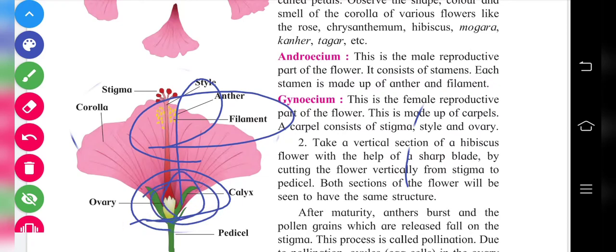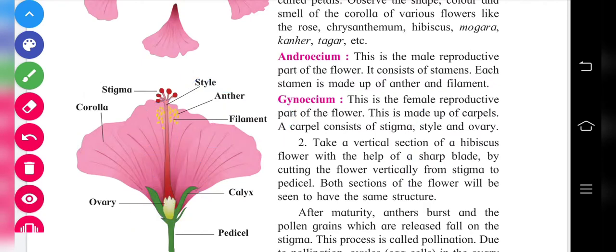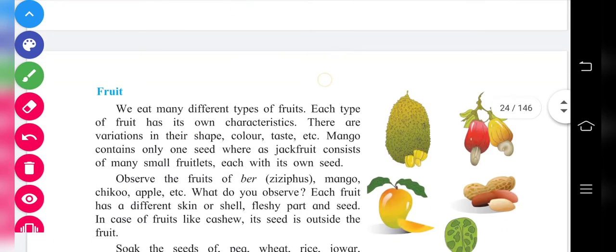After pollination, fruit will be developed. Each fruit has its own specific characteristics. The variation of fruits is with respect to their shape, color, taste, skin, fleshy part, seed, etc. A fruit like cashew has its seed outside the fruit.